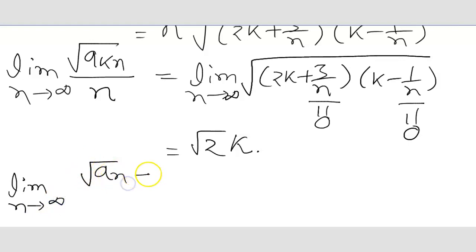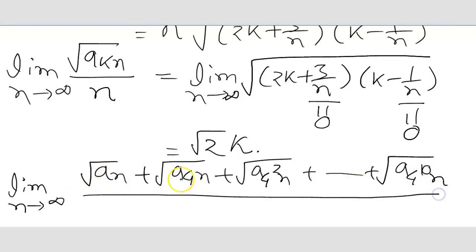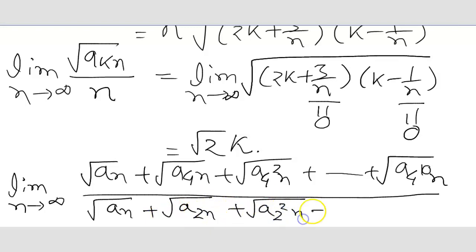Root n plus root 4n plus root 4 square n plus dot dot dot root 4 to the power 10 n, and there is almost the same thing, but in place of 4 we have to write 2, nothing more than that. So root n plus root 2n plus root 2 square n plus dot dot dot root 2 to the power 10 n.